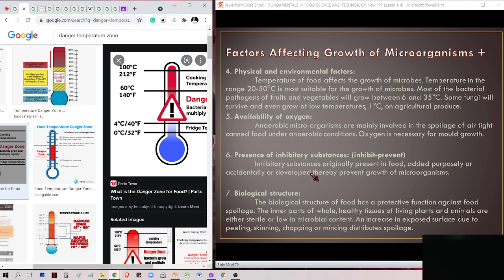There are some inhibitors that are physically added, or commonly it happens as a chemical reaction. Once you put one element, and then another element or chemical, and another chemical or element, then there is a chemical reaction.